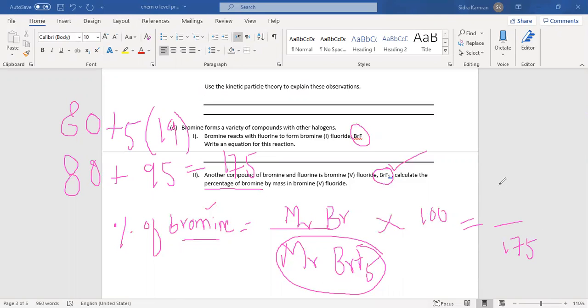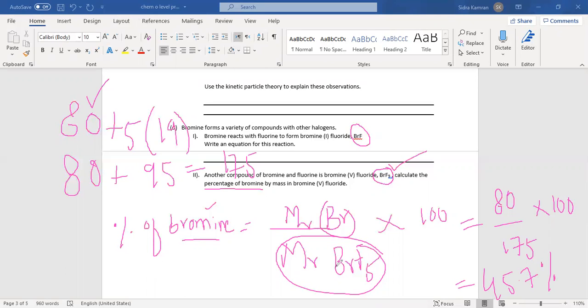And what will be the atomic mass of bromine? It is 80, as you see in this calculation. So 80 at the top, 175 at the bottom in the division, multiply it by 100. The answer will be 45.7%.